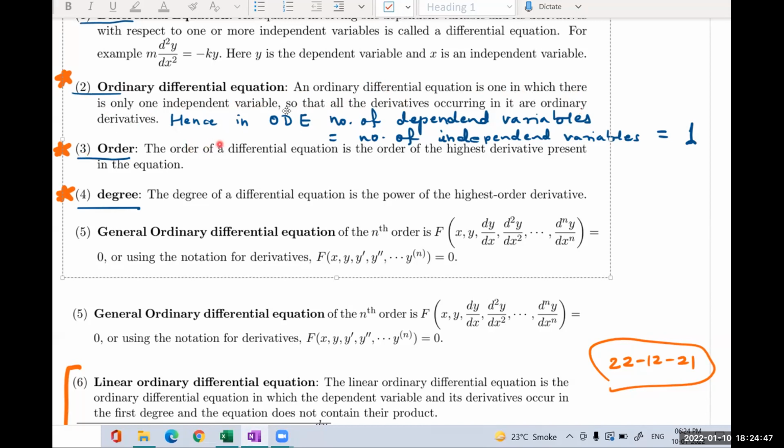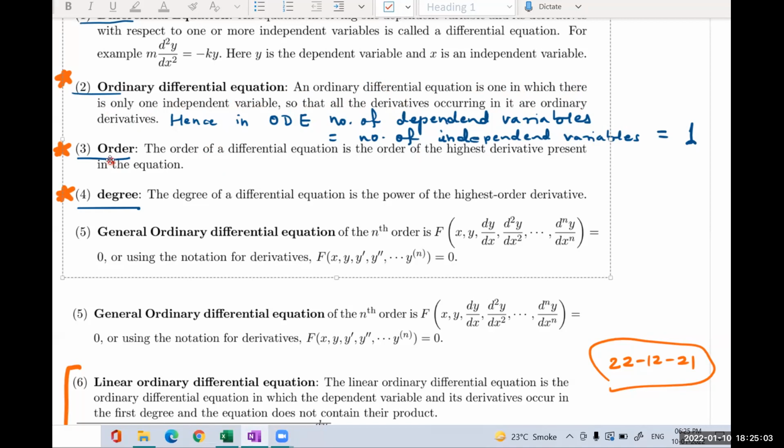Hence, in an ordinary differential equation, in short known as ODE, the number of dependent variables and the number of independent variables are both equal to 1. Only one dependent and one independent variable.